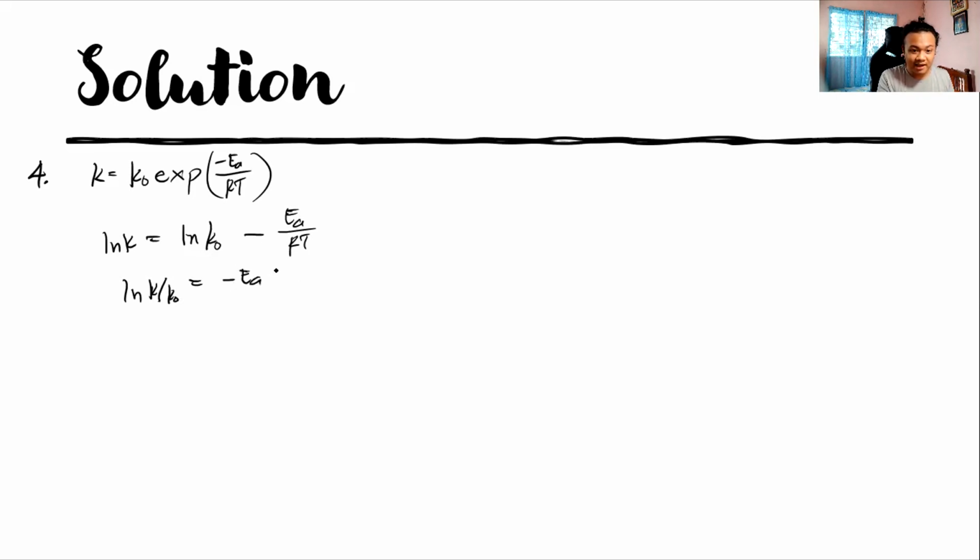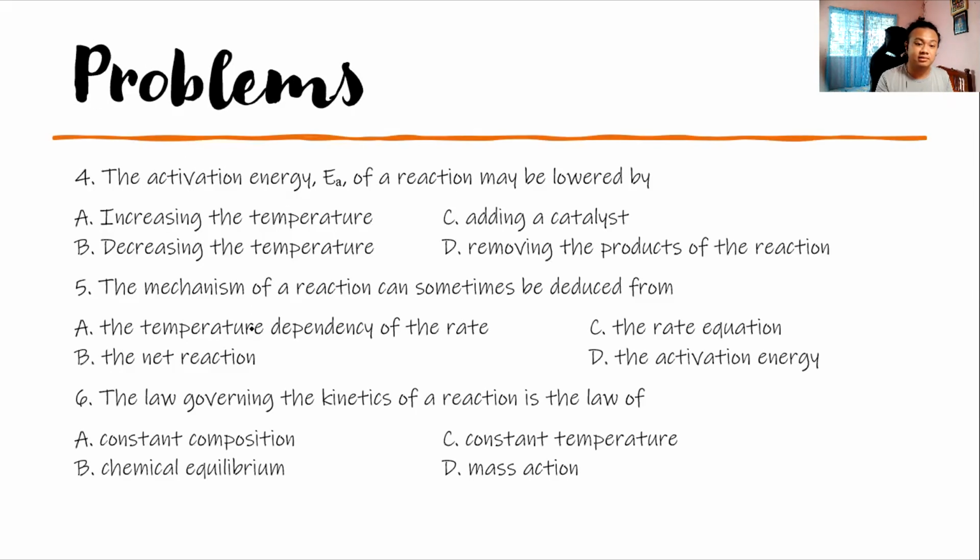So EA equals negative RT ln(k over k0). As you can see, EA and T are directly proportional. So if you want to decrease EA, you have to decrease the temperature.